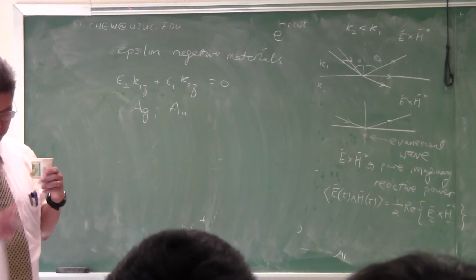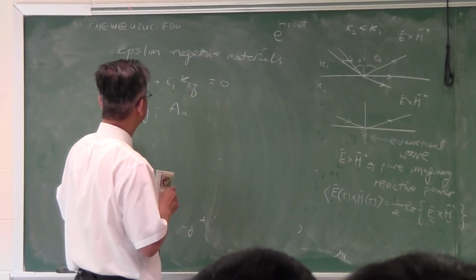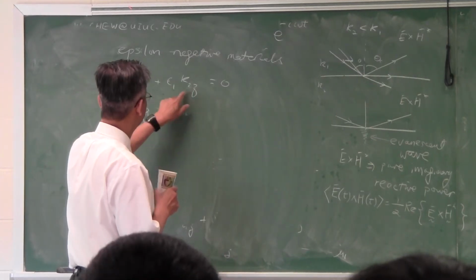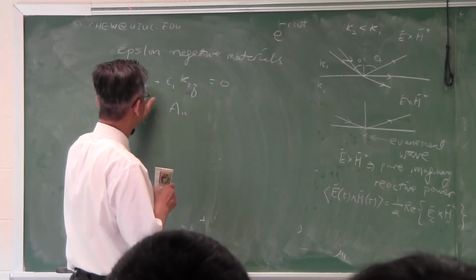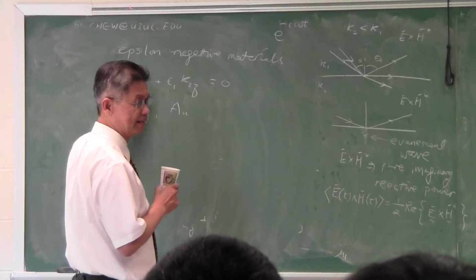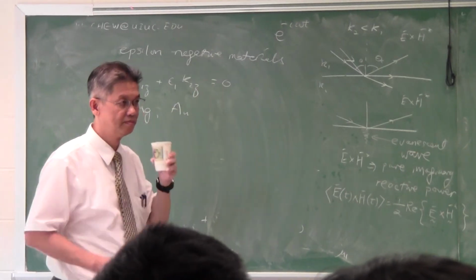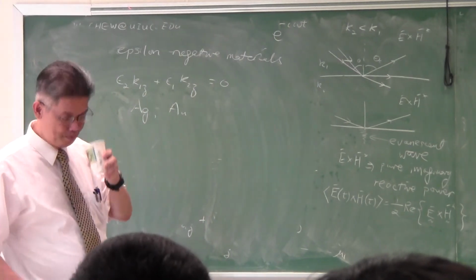It turns out that when that happens, both of these two become imaginary. Both these two terms become imaginary. This is positive, this is negative, and they cancel each other. It would only be imaginary if both materials had a negative sign.